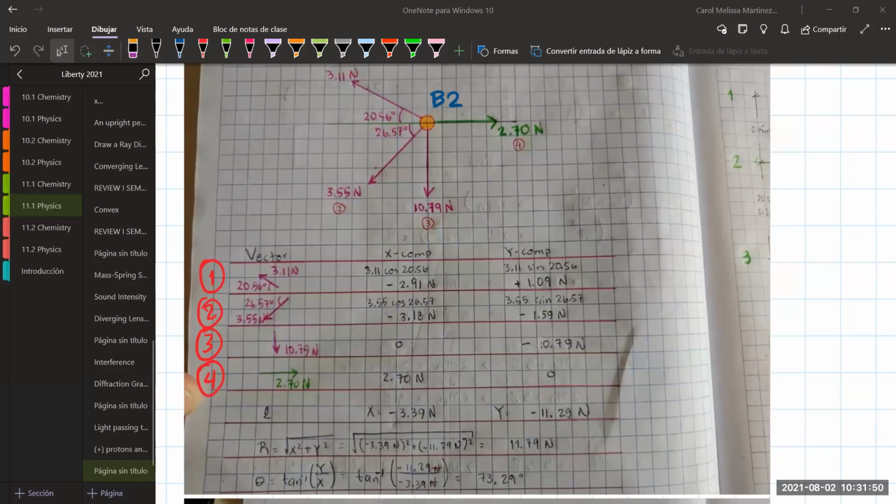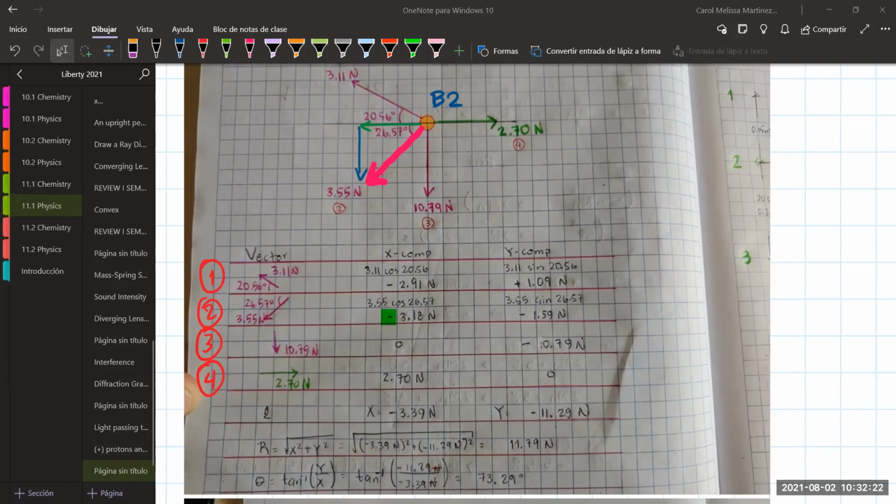Once you're done with the first vector, you can start working with the second vector. This is my second vector, okay? And it has an angle, so that means that it has a component to the left in x and going down in y. So here, x is going to the left, so it's going to be negative.